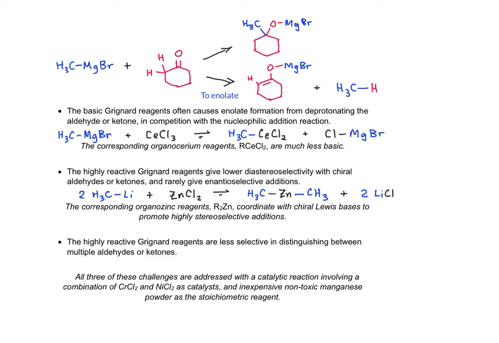The best method for selective addition to an aldehyde in the presence of a ketone uses a catalytic reaction based on substoichiometric chromium and nickel using manganese powder as a stoichiometric reagent. The history of this transformation is described on the next page of the worksheet.